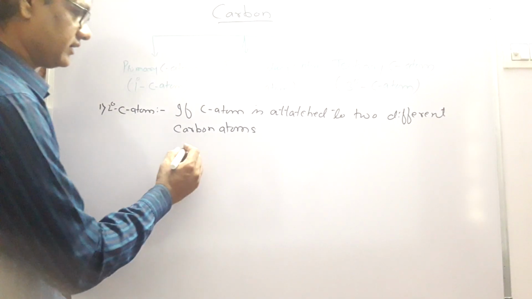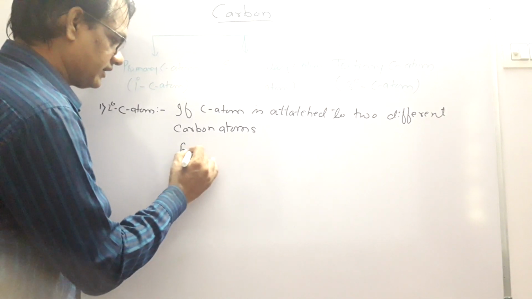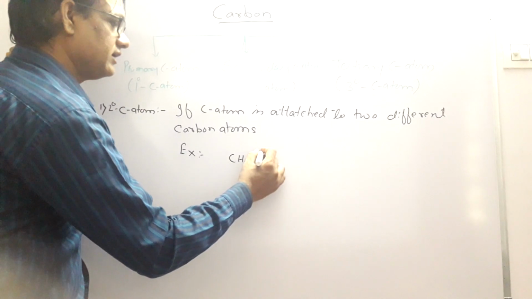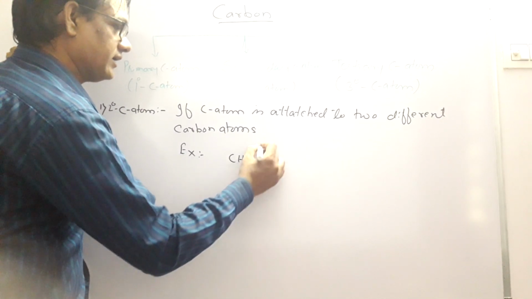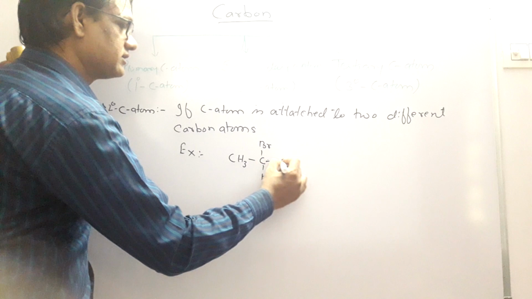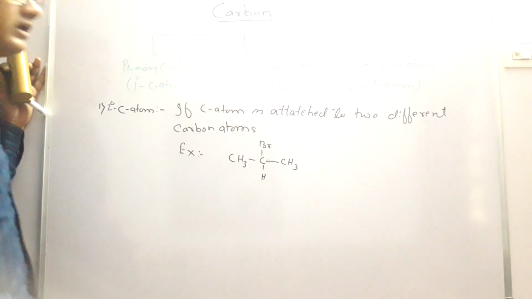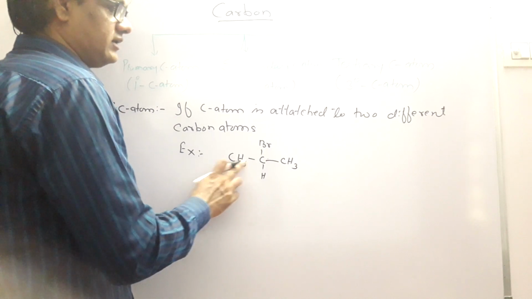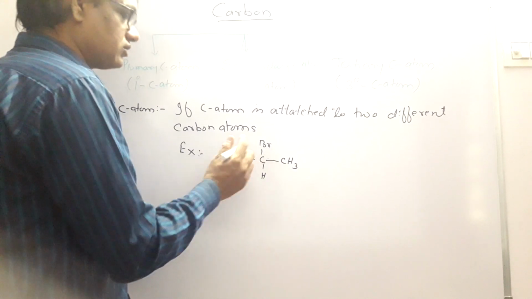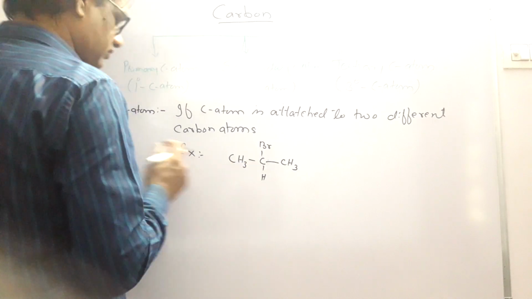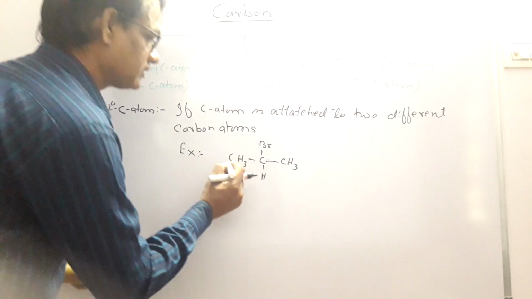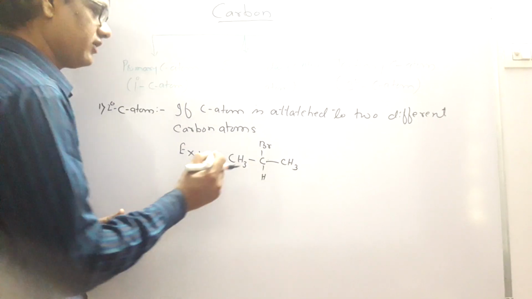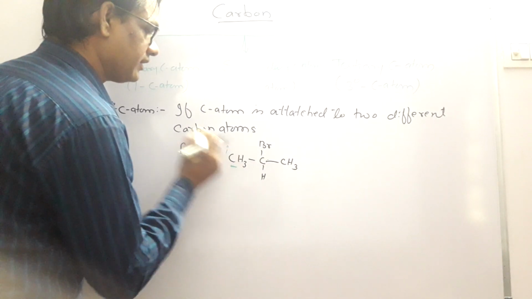For example, we can take the example CH3CHBrCH3. Here you can see that there are 3 carbon atoms. This is 1, 2 and 3. If we see this carbon atom, it is attached to only this carbon atom, so we can say that this is a primary carbon atom.